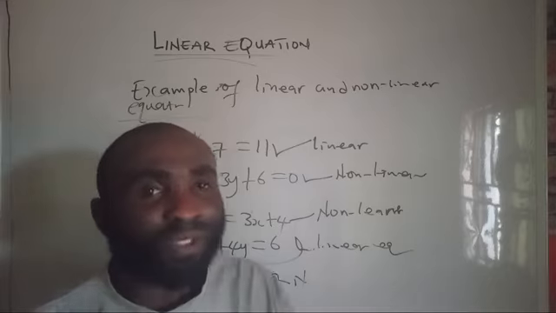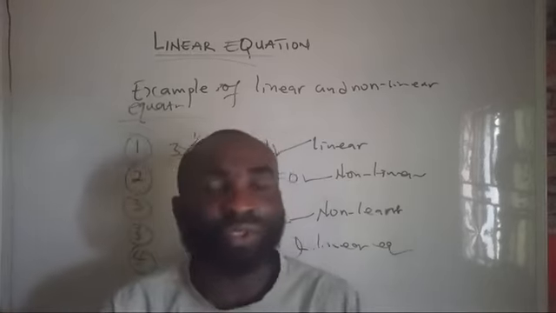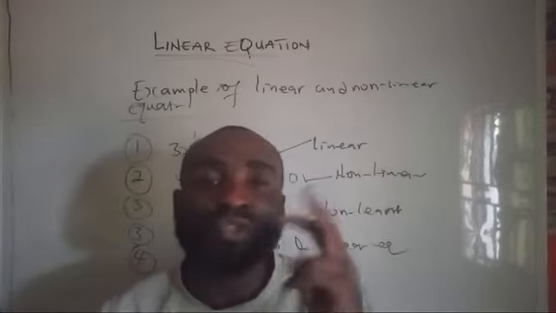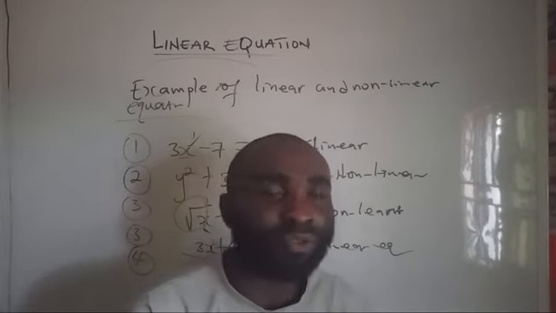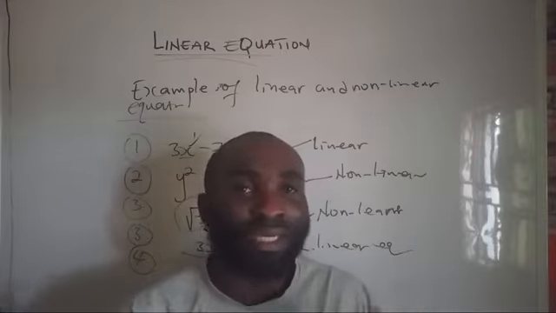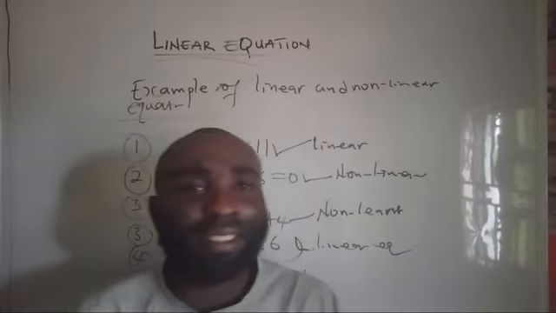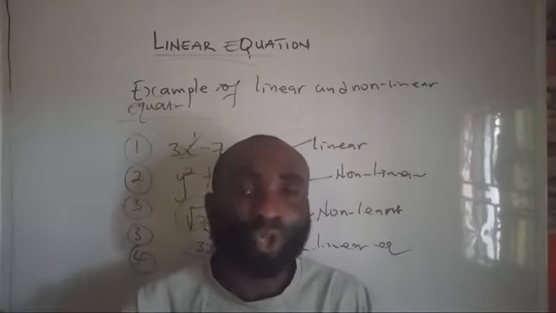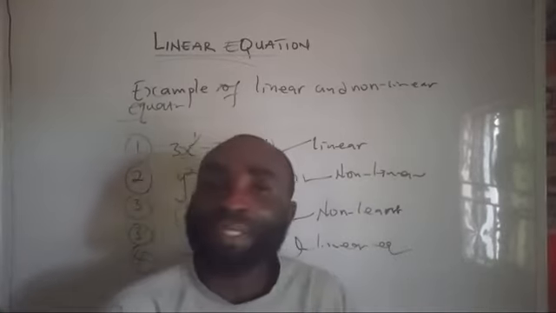We can solve linear equation involving just one variable, and we can solve linear equation involving two variables. What is the example of two variable linear equation? That is simultaneous equation, where y and x are involved in that equation. But in linear with one variable, if it is y, you just see y, and if it is x, you only see x.